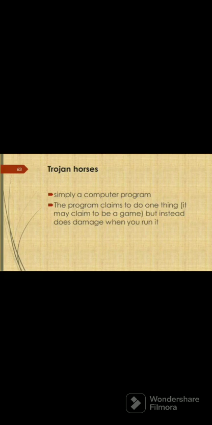It does something else, which is gaining information or damaging your laptop when you run it. So a Trojan horse is a trick application that is created to pretend to be a specific type of program, while it is actually a virus.